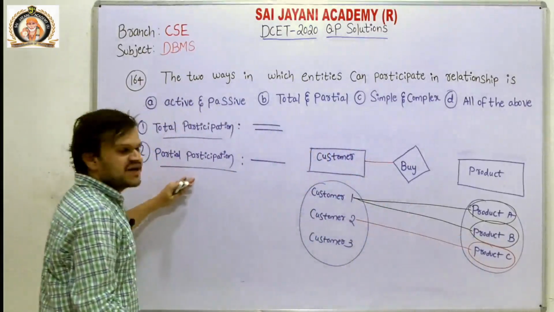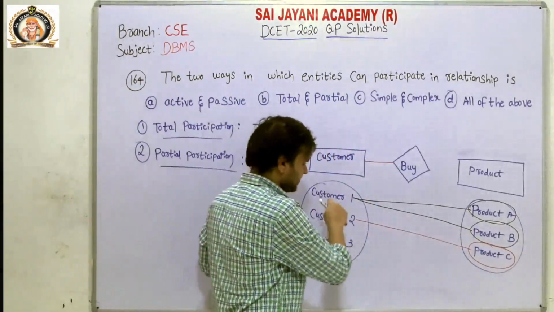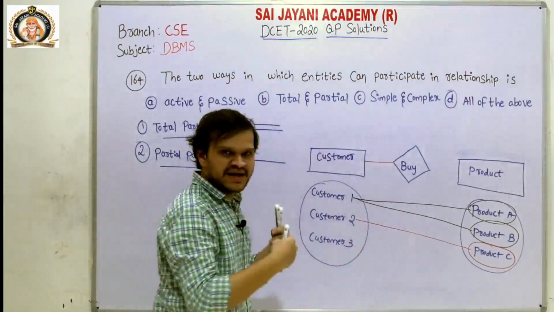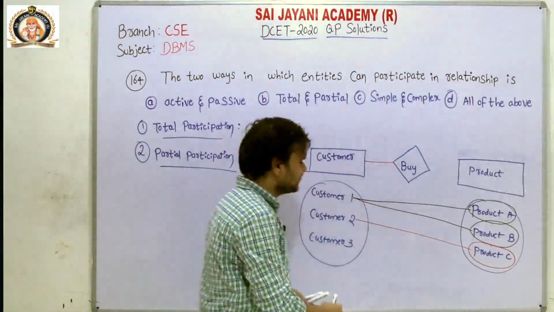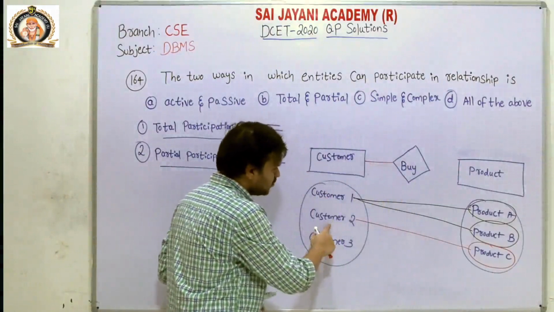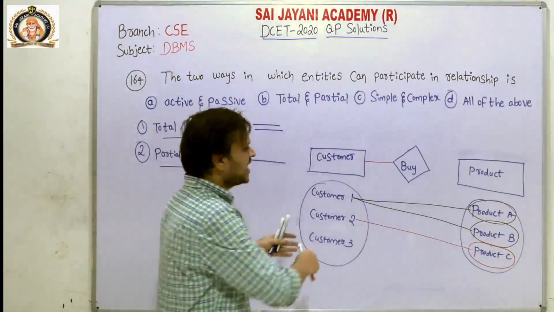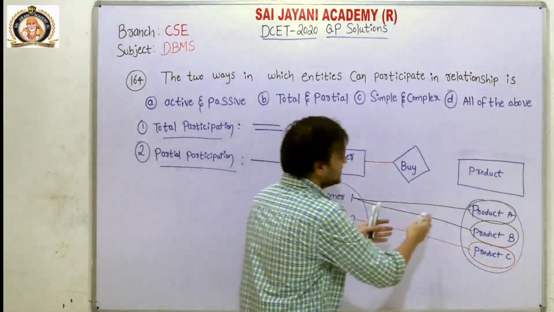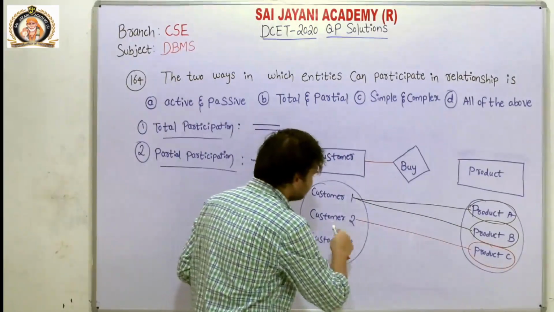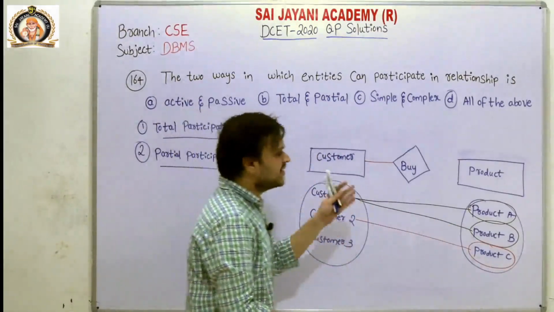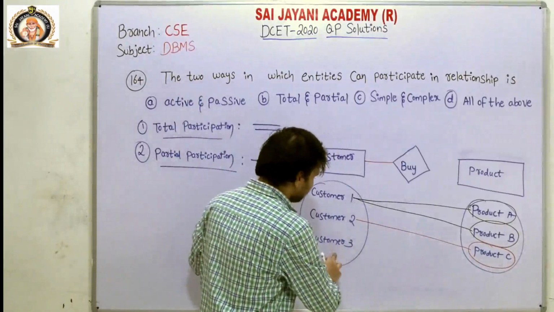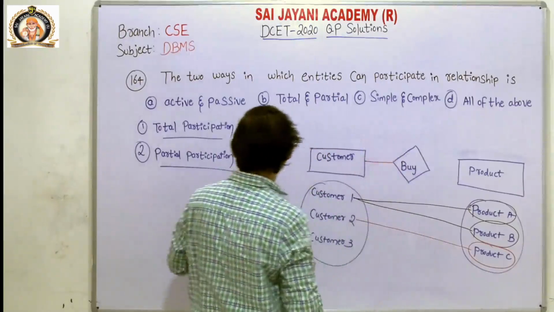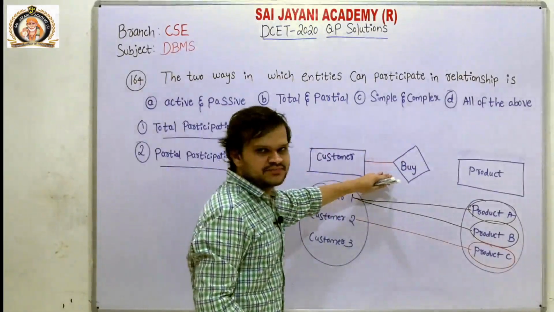In partial participation, each entity in entity set may or may not participate in the relationship. Here the customer 1 and the customer 2 are the only 2 entities participating in the relationship, that means they are buying the product, but the customer 3 is not buying any product.